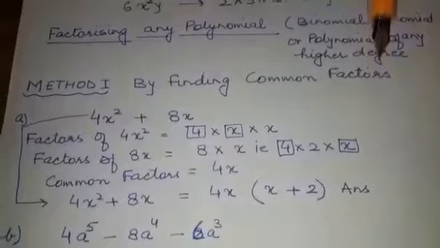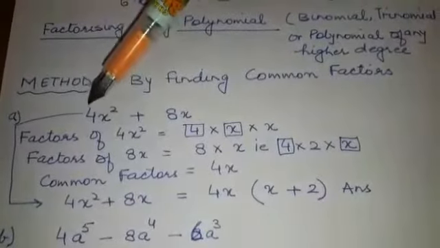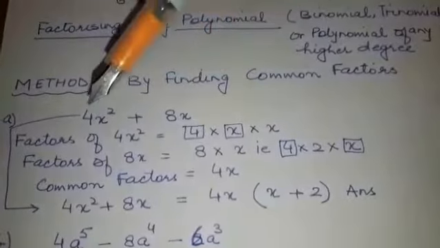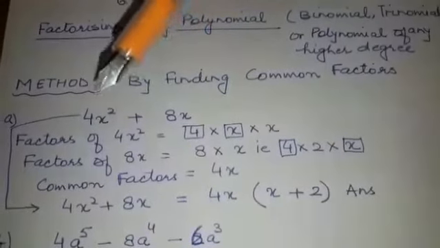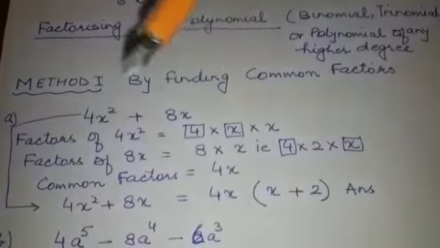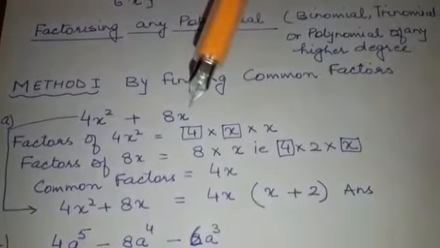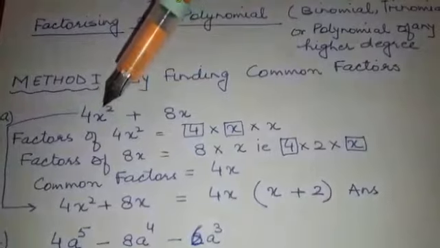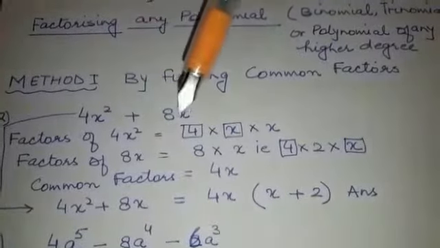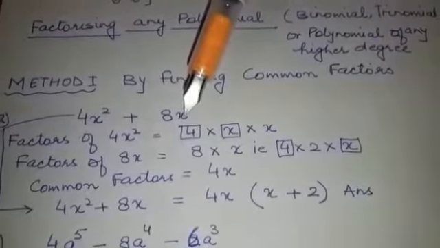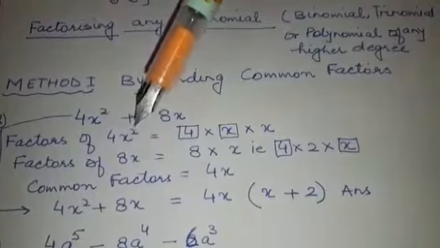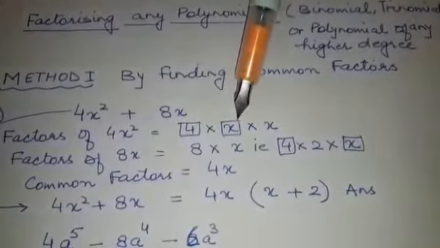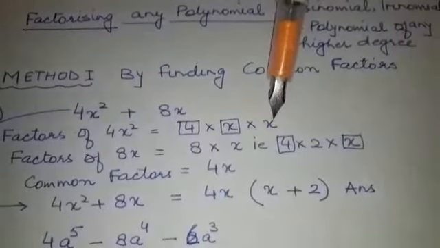We have an example. Take it 4x square plus 8x. Now, what do you find common here? We'll bring that common out. The easy way to find the common factor is first to find the factors of each term separately. We take 4x square first. This 4x square is broken as 4 multiply x multiply x.